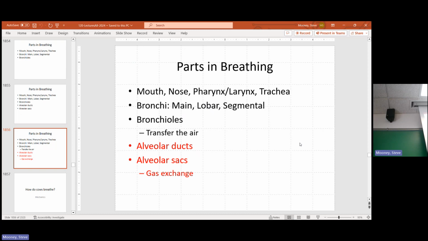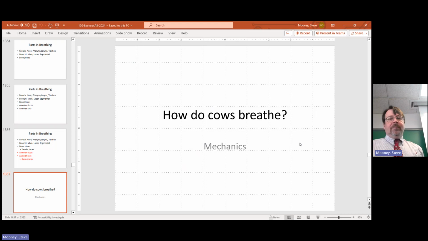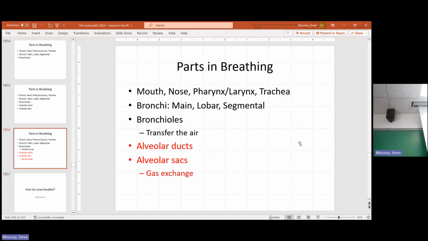They get bigger and smaller. This is where the gas exchange occurs. These tend to be rigid, and we just allow for the transfer of air through them. So that's probably a good place to stop. So those are the parts associated with breathing.